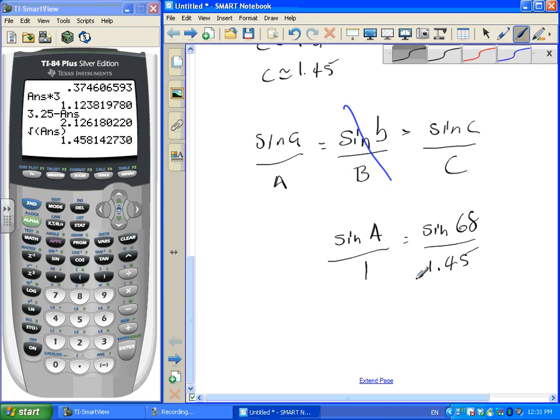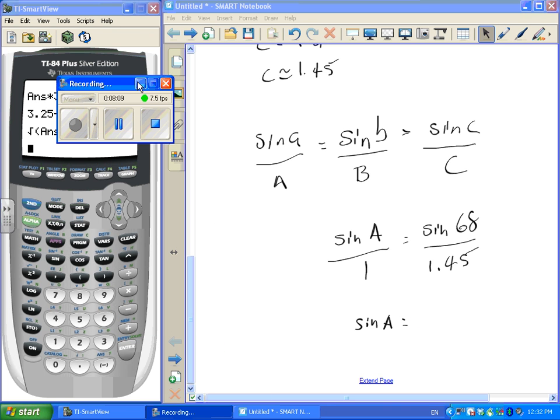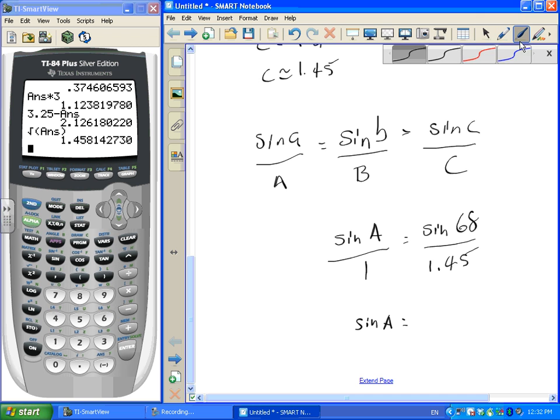So I cross multiply... Oh, you know what? I don't even need to cross multiply. This is a very easy question. What is sine A divided by 1? Sine A. Sine A is equal to sine 68 over 1.45.